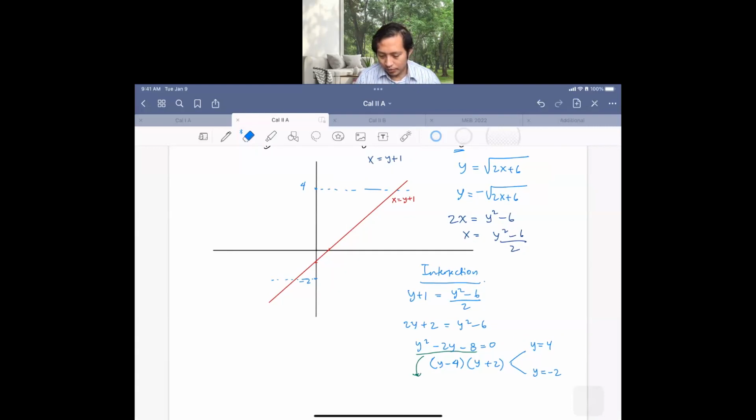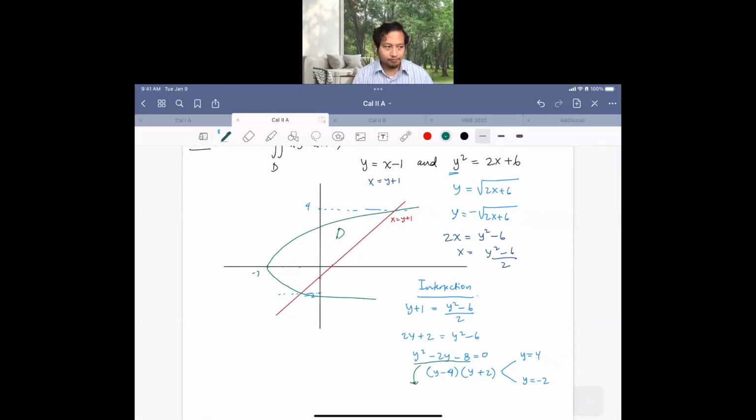So at 0, it should be -3. So 0, 1, 2. I suppose this is the vertex. Okay. Probably that is our D. So D will be about that.